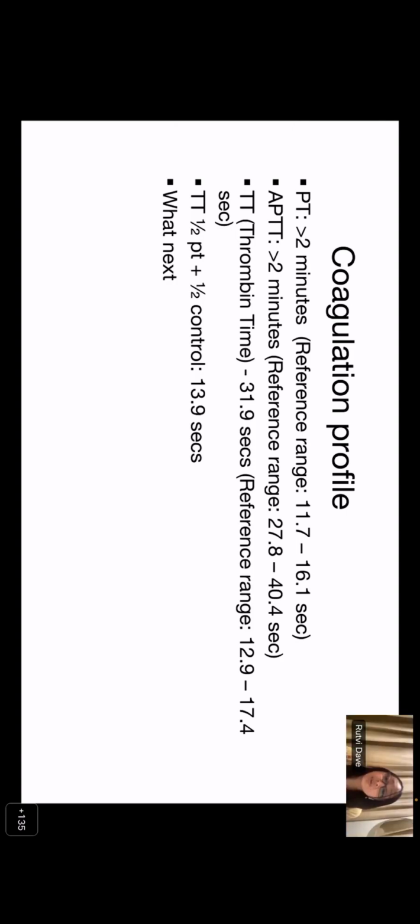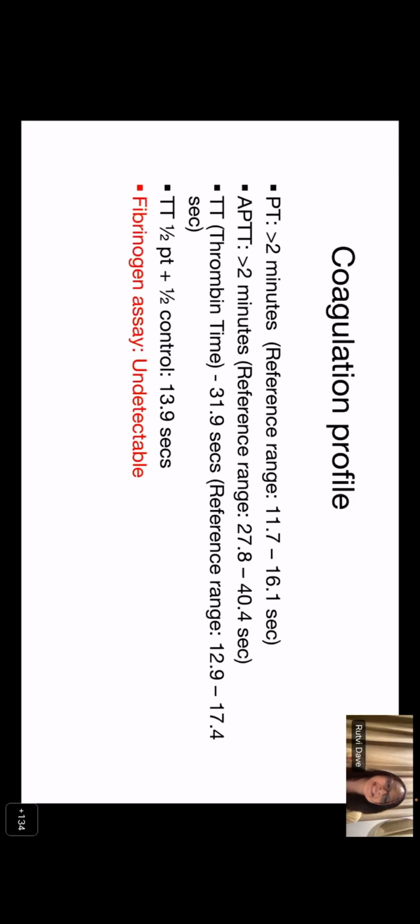If there is no correction of a prolonged thrombin time on mixing study, you think about an inhibitor. What inhibitor will cause a prolonged thrombin time? Heparin, yes. Most common things first, so you think of heparin contamination. But here you see that the thrombin time is getting corrected. So what is the next test that you would perform?